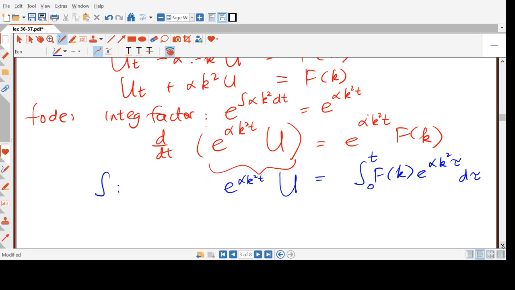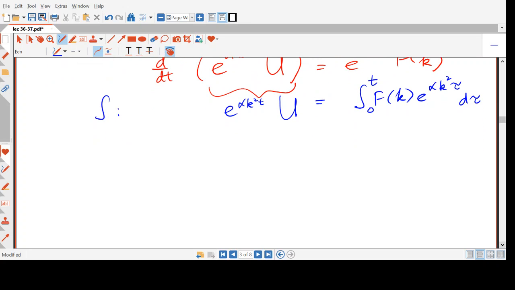It's like a dummy variable for the time being. Let me take the e onto the other side: U equals e to the minus alpha k squared t. I can even pull out the F of k, because the integration is for d tau, and integrate from 0 to t of e to the alpha k squared tau d tau.